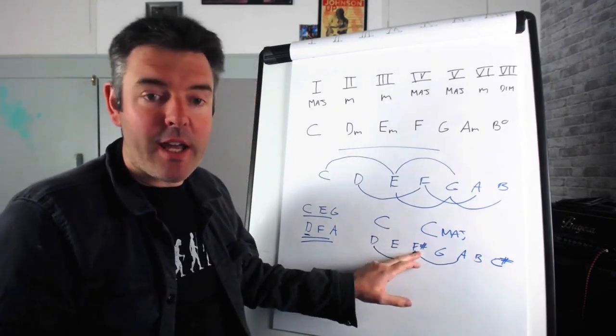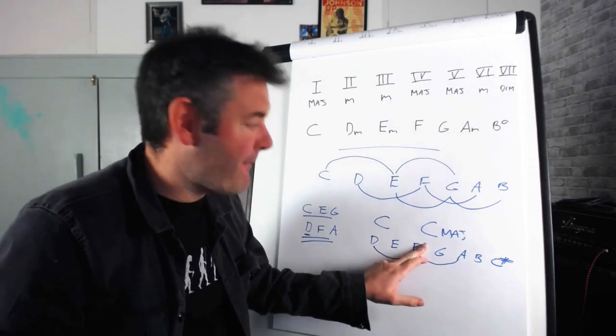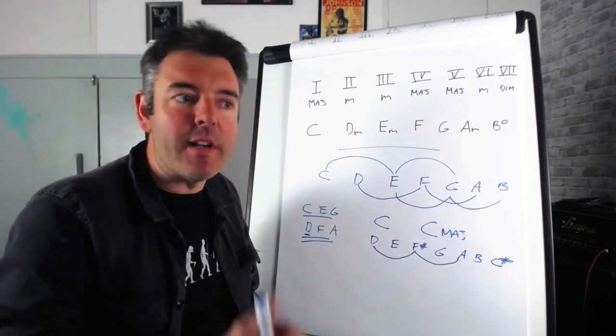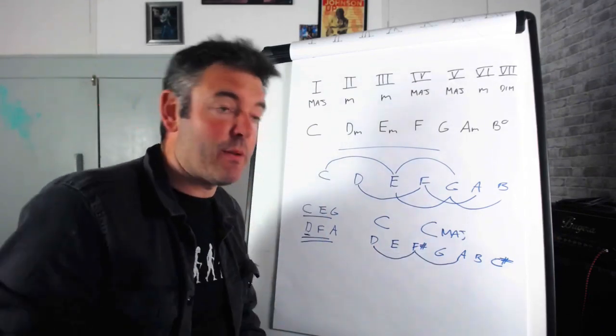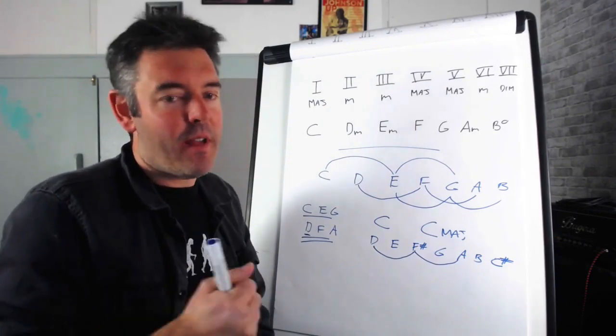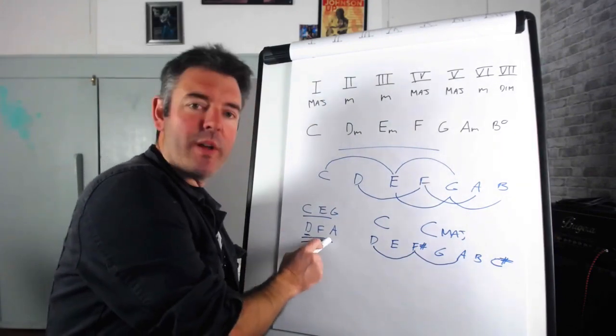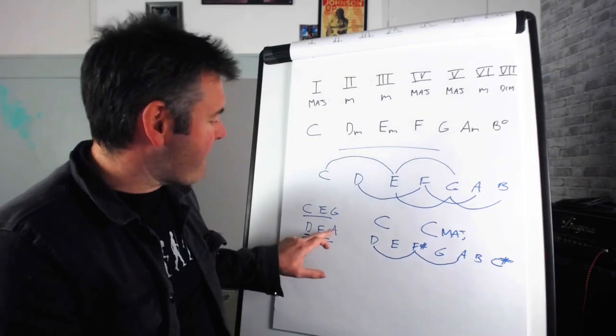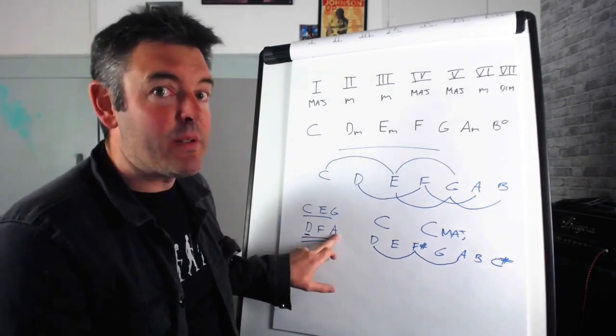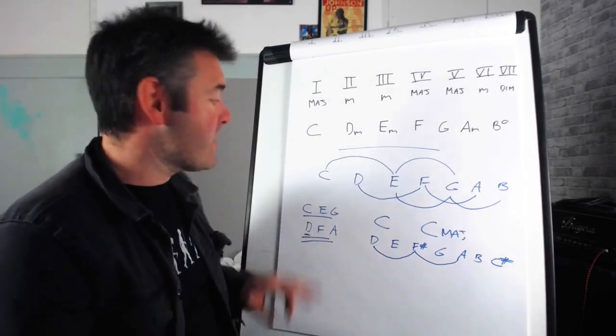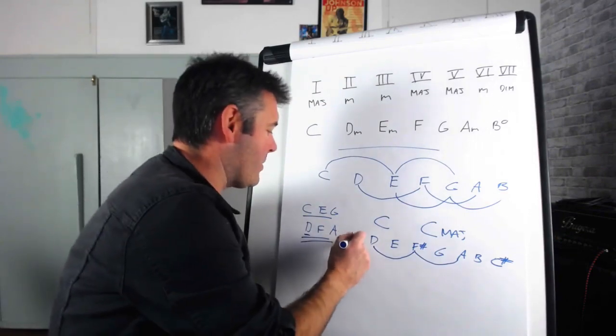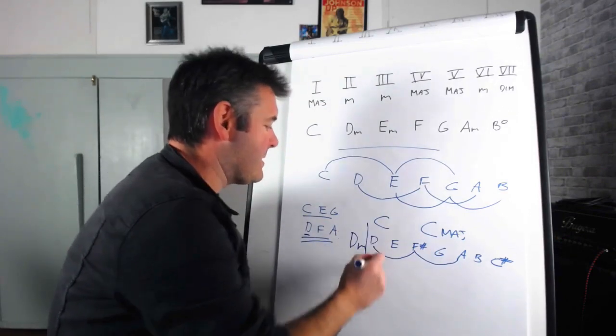So a minor triad would be D, F, and A. That flattened third, F sharp, has moved down a fret or down a semitone to F. And that is exactly what we've got here. We've got D, F, and A, and they are the notes in a D minor triad, okay? So that is how we know that this chord is D minor.